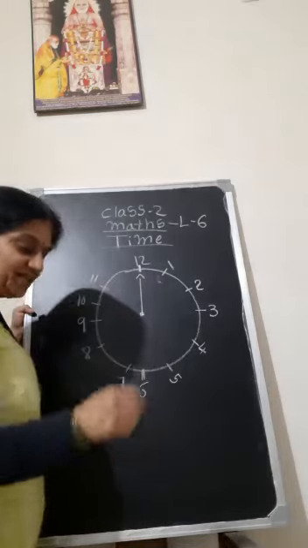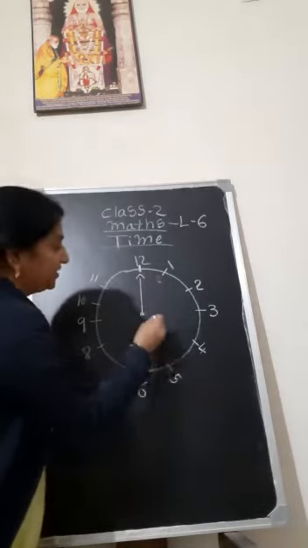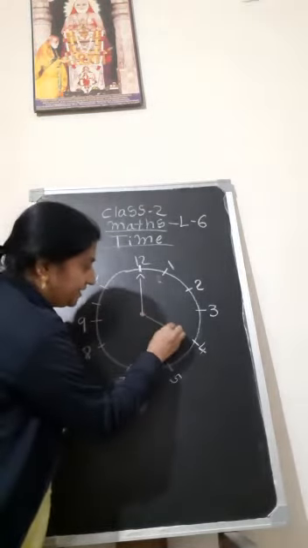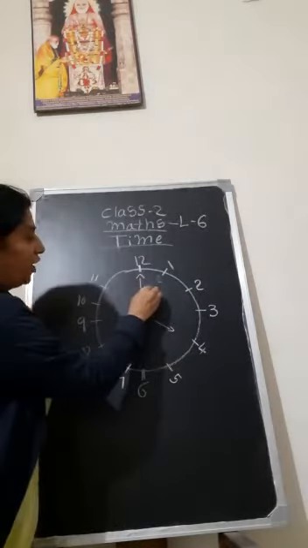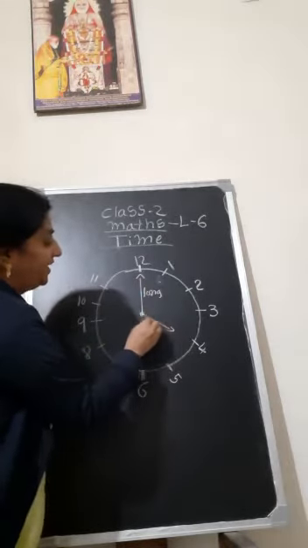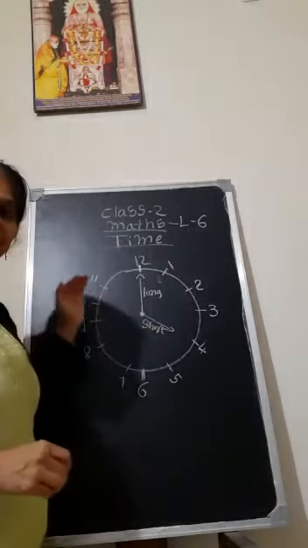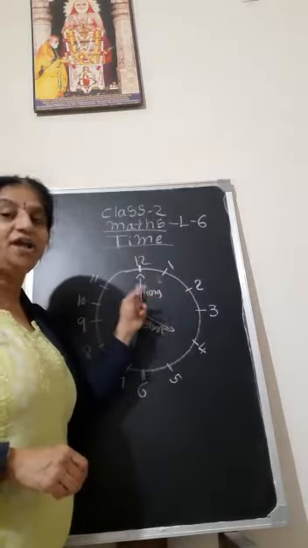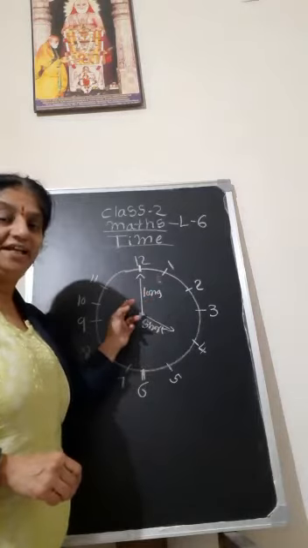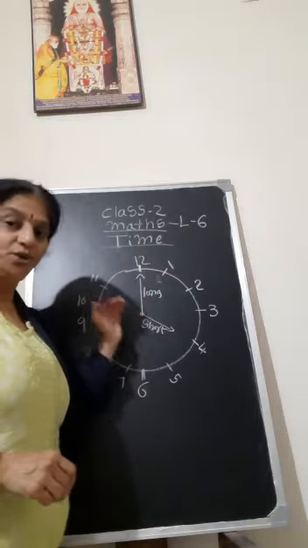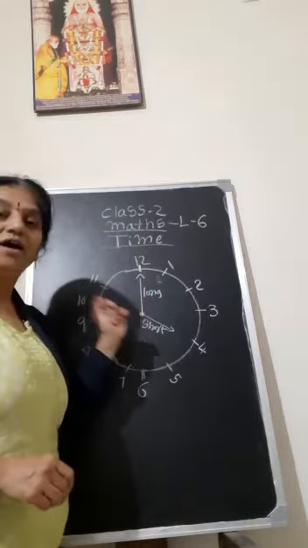And the short hand shows the hour. This is the long hand and this is the short hand. Long hand shows us minute. Short hand shows us the hour.